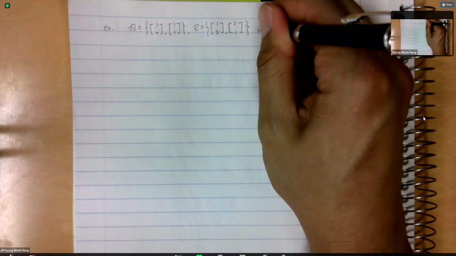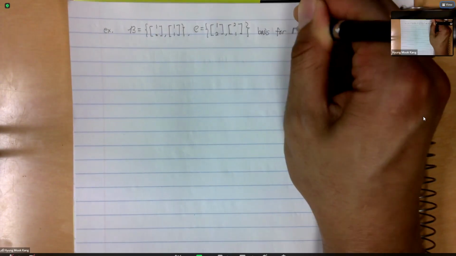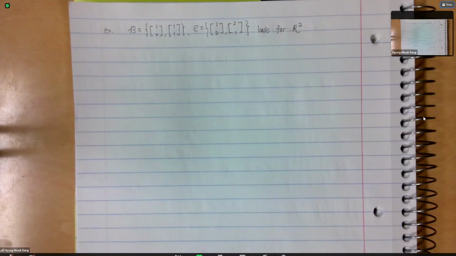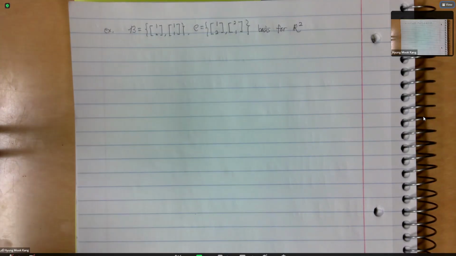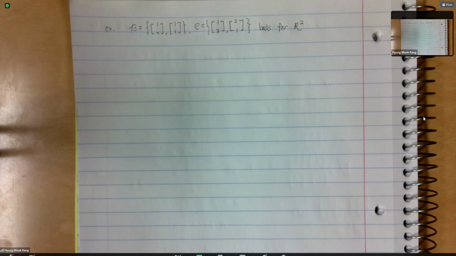These two are definitely bases. It's not our main concern, but can anyone tell me why these two are bases for R2? What kind of method can we use here?